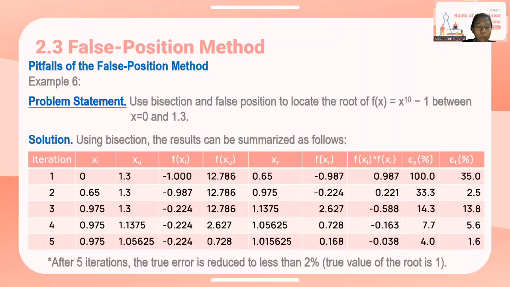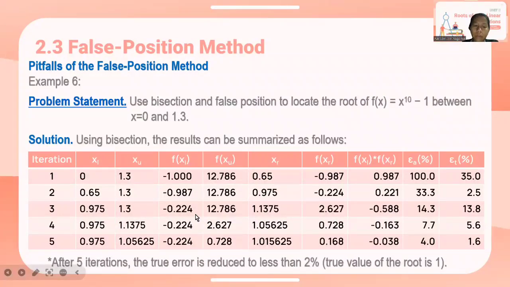For the fifth iteration, XL is 0.975, XU is 1.05625. XR is 1.015625 and the function of XR is 0.168. The approximate error is 4 and the relative error is now 1.6.